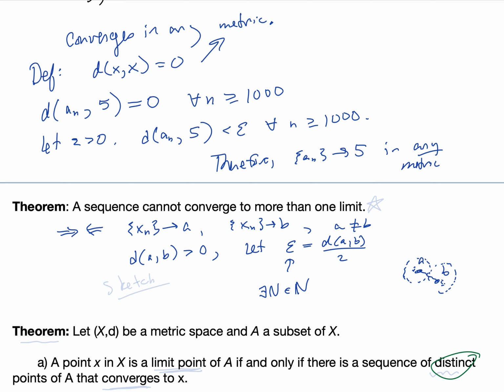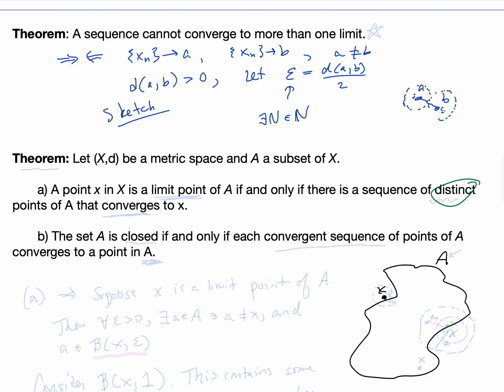So that is where the contradiction comes from. This is just a sketch of the proof, but the full proof is in the book. I encourage you to think about writing up the details of this proof and then seeing how they did it in the book and comparing. It's just a sketch, but this is still a useful and important theorem.